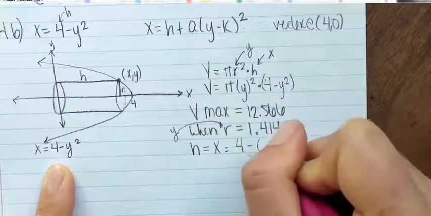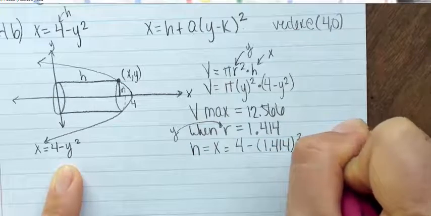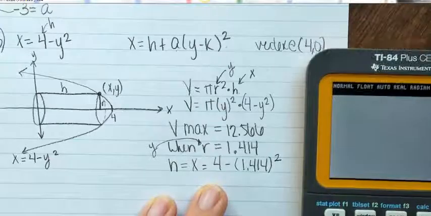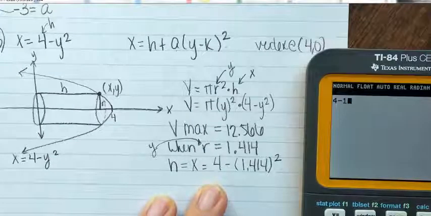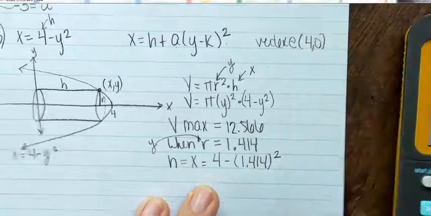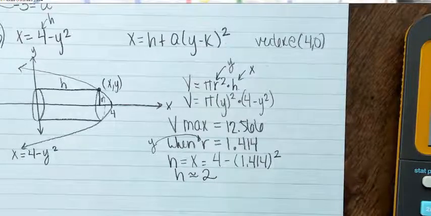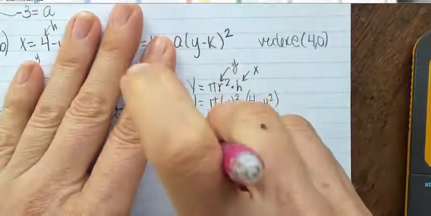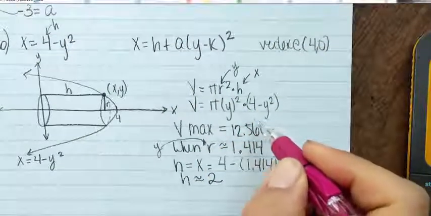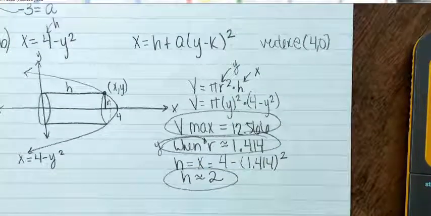So instead of putting 4 minus y squared, I'm going to put 4 minus 1.414 squared, which is approximately 2. And actually, I should have an approximation for my radius too. All right, so I get a max volume when my radius is this, and when my height is that.